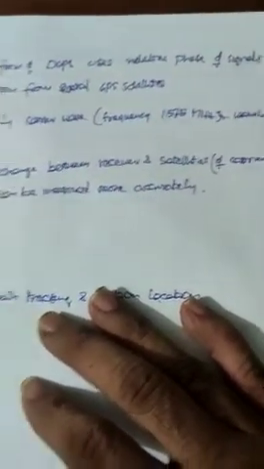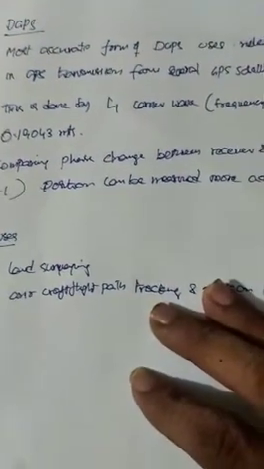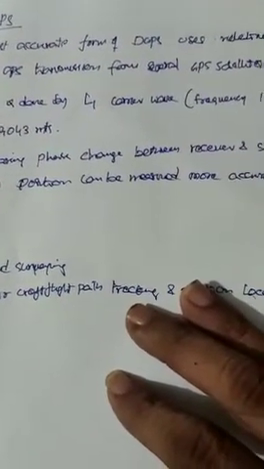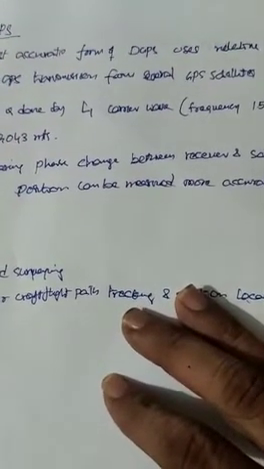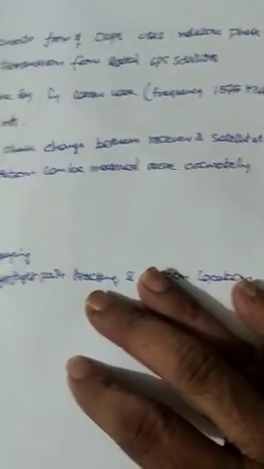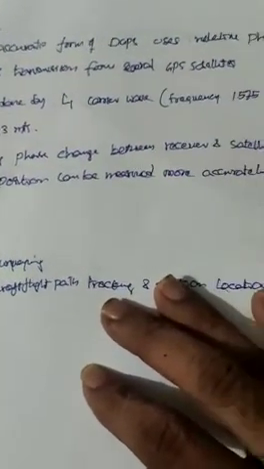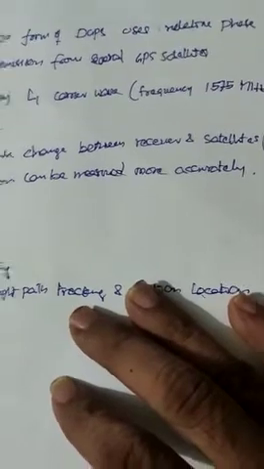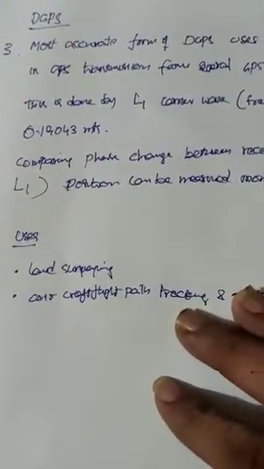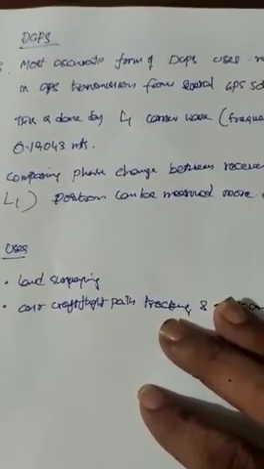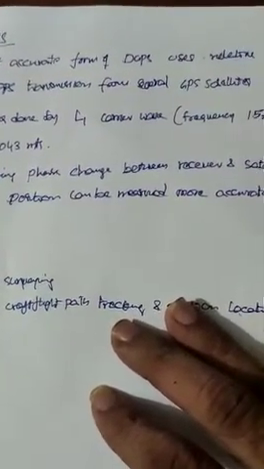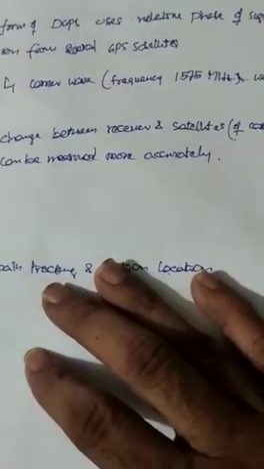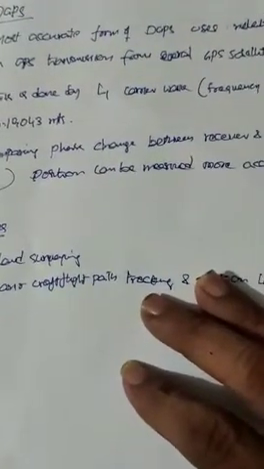The relative phases of the signals received by the GPS receiver are compared, using the frequency and wavelength of the L1 carrier wave, which is 1575 megahertz, and the wavelength is 0.19043 meters. So, using the phase changes between the signals received at the receiver from the different satellites, the distance can be calculated more accurately.